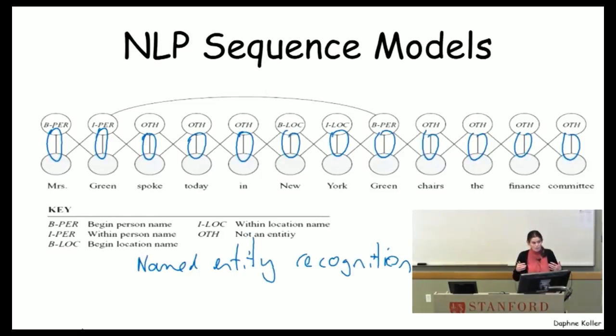I mean, one could clearly imagine cases where the position in the sequence might make a difference, but because it's often a very useful simplifying assumption, specifically because it allows us to A, reuse parameters, and B, apply the same model to sequences of varying length without having to worry about what is my 15-word model versus what's my 8-word model. And so this is another case where you have a tremendous amount of reuse of parameters.